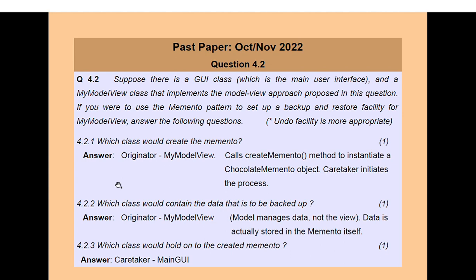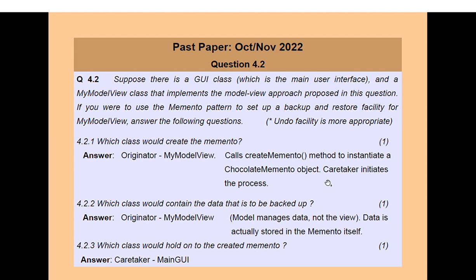Okay, which class would create the memento? The class that creates the memento is known as the originator, and in this case is MyModelView. In MyModelView, you would implement a create memento method, and that instantiates a memento object. So that is how the memento would be created.